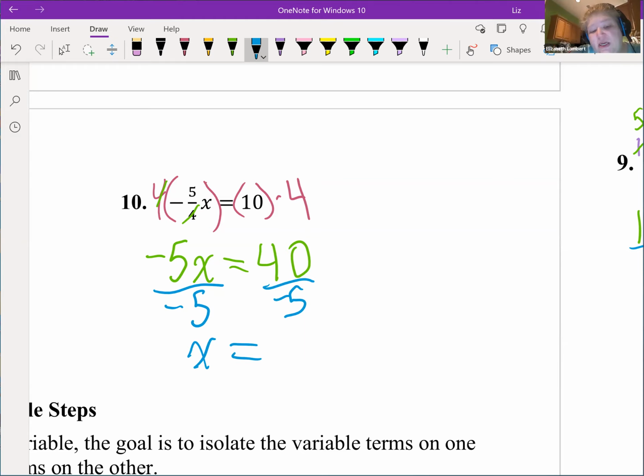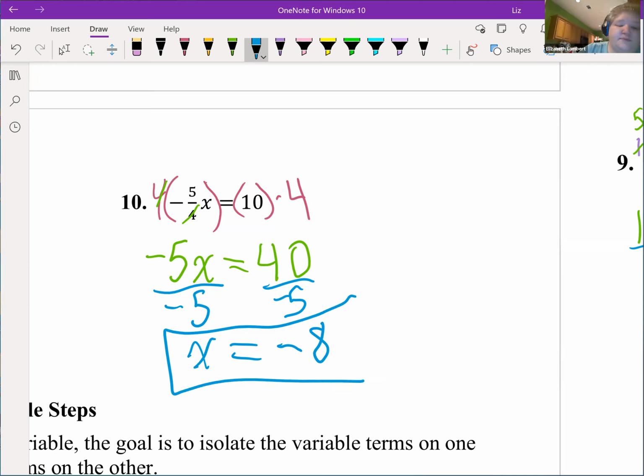So 40 divided by -5, positive divided by negative is negative. And then 5 goes into 40 8 times. So we can get negative numbers as solutions to the equation. Most of the problems we give you guys are application word problems, so we don't get negative numbers that often.